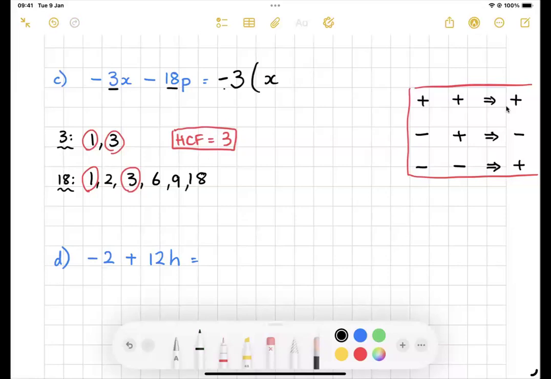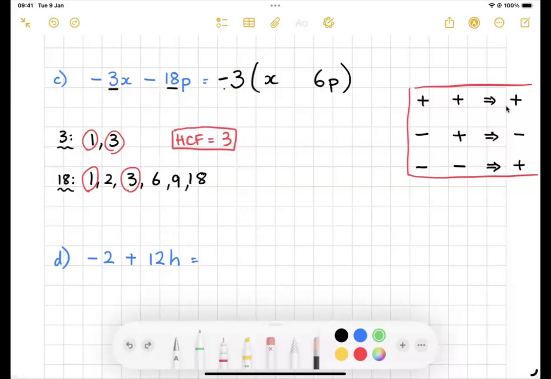This is where it gets a little bit hard. Let's first deal with the numbers. 3 times what gives me 18p? At the moment, 3 times 6p gives me 18p. Now, what I need to do is put either a plus or a minus in between x and 6p.